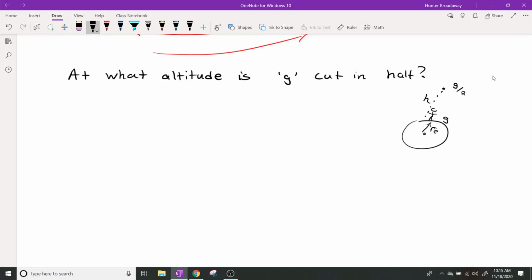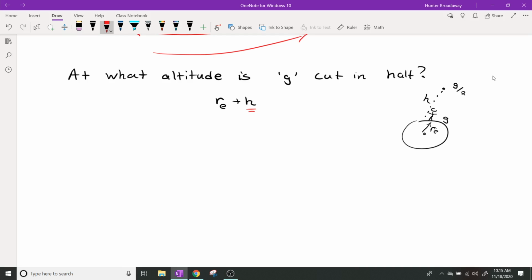Right. So in this case, yeah, you're right. The distance here between these two things is going to be the radius of the Earth plus the height is what we're going to have to deal with, right? We're looking for this. We know what the radius of the Earth is, but we're looking for this. It might be a little bit easier for us to keep the radius of the Earth as RE instead of typing in 6.37 times 10 to the sixth.